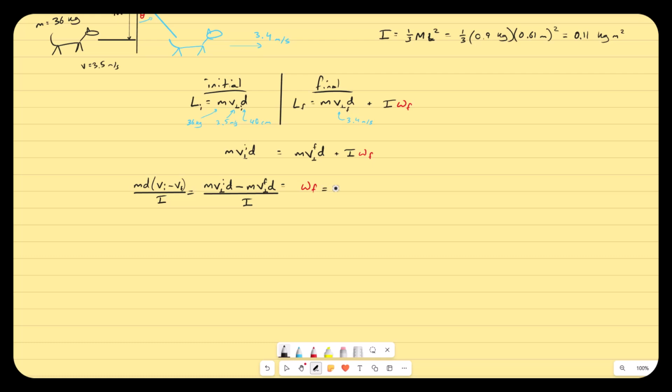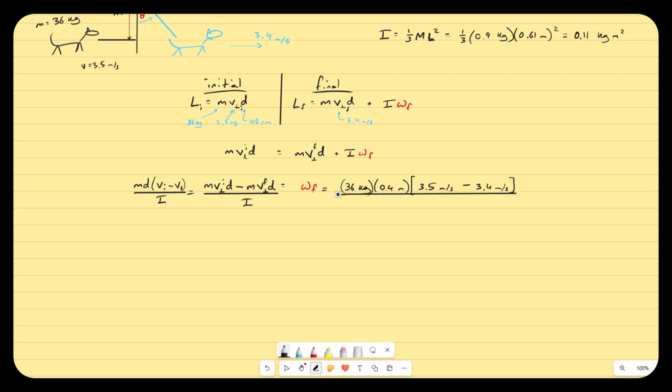So we'll plug those in. Mass of the dog was 36 kilograms. The distance we said was 40 centimeters, so 0.4 meters. And then v initial was 3.5 meters per second, minus v final was 3.4 meters per second.